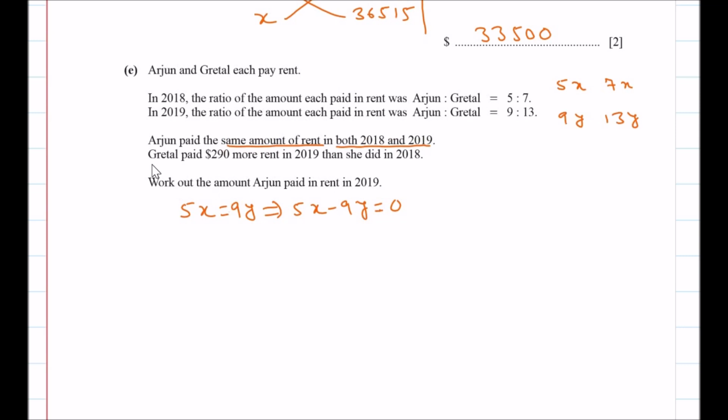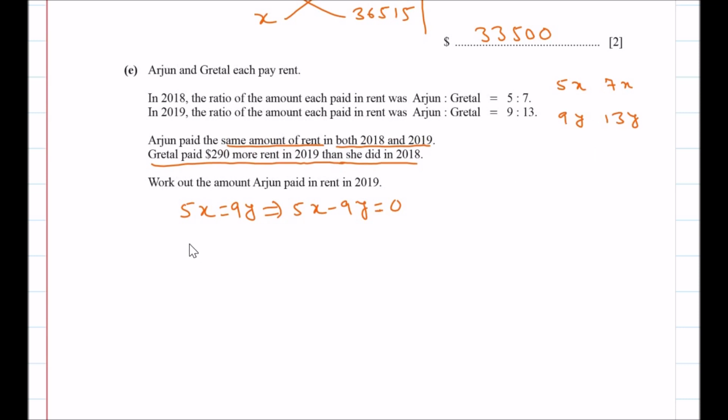Okay. Now next part. Gretal paid $290 more rent in 2019 than she did in 2018. So Gretal is 7x and 13y, right? It says 290 more rent in 2019. That means the difference of both will be 290.